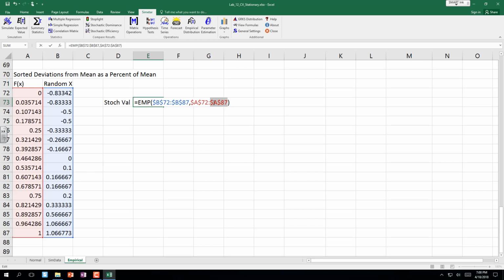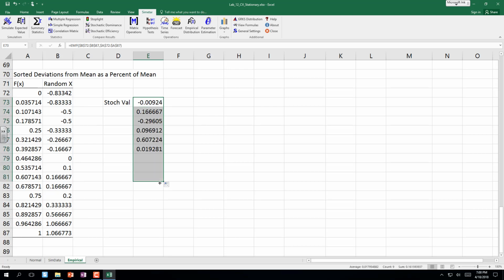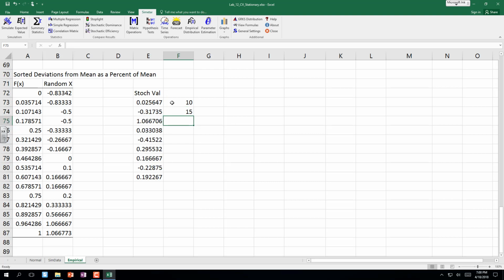Okay. So we've got a blue column and a red column. And we'll just drag it down like that. And let's just assume that these are stochastic values, and then I'll put in a set of means over here. Let's let the means go 10, 15, and then Excel should expand those for us like that.